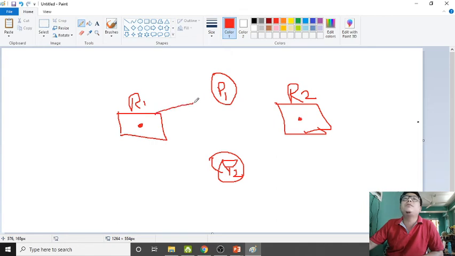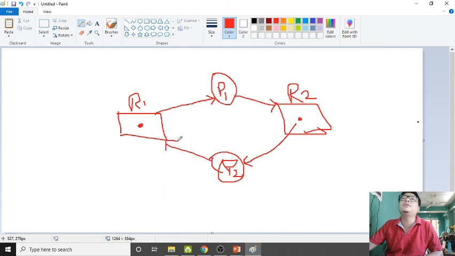R1 is being held by the process P1, which is requesting R2, whereas P2 is holding an instance of R2 and is requesting R1. Now you can see there is a circular thing and there is only one instance of each resource. So this is a definite deadlock situation.